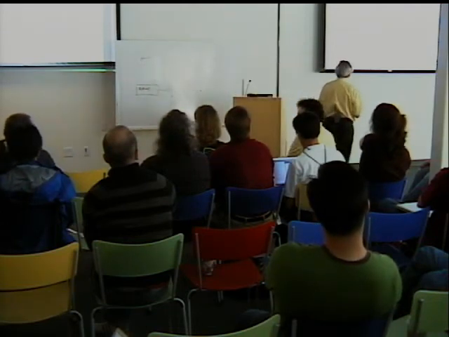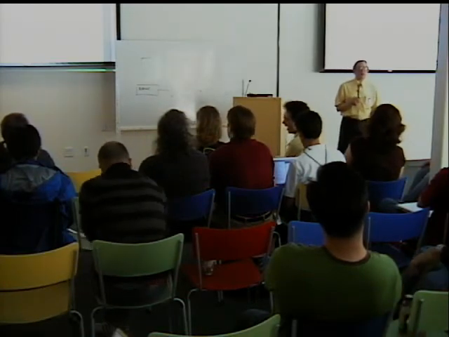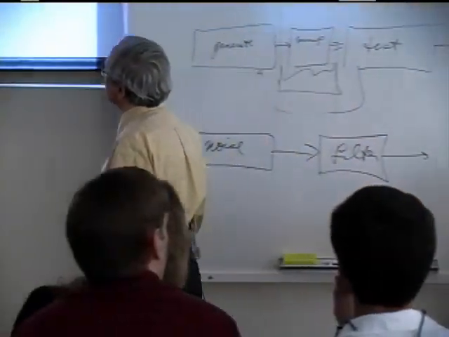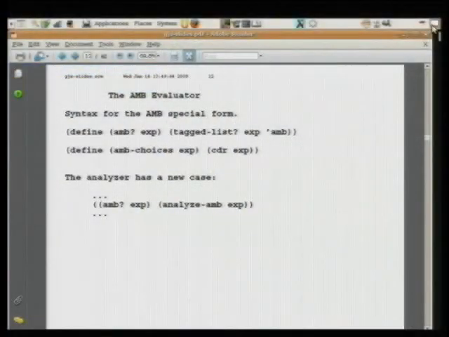And what's going to turn out is that it's pretty simple. Okay? First, we have to have some extra special form. So somewhere in the analyzer, I have to have a definition of what kind of thing AMB is, and I have to say that there's going to be an analyze AMB expression somewhere in the dispatch, that could be done by a generic operation, making the analyzer a generic operation.